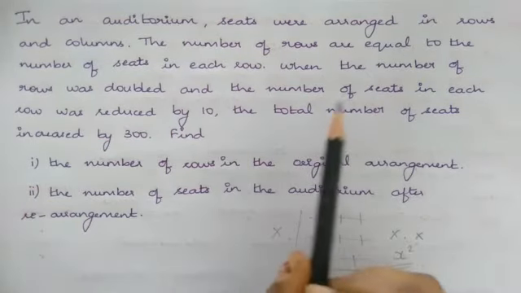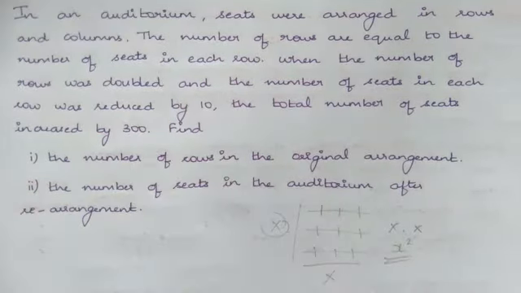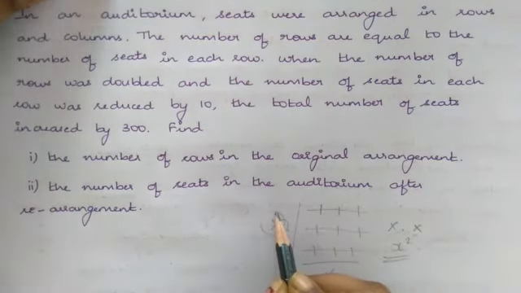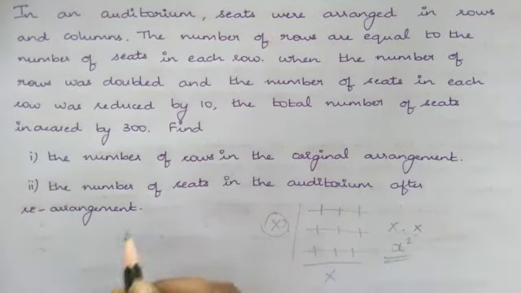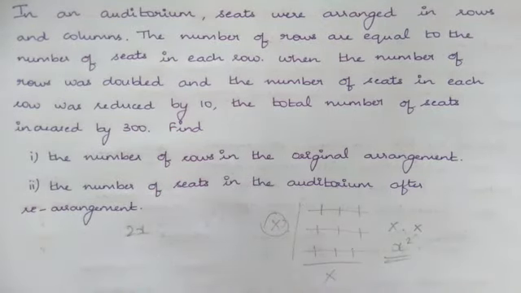Now what are they coming to say? When the number of rows was doubled and the number of seats in each row was reduced by 10, the total number of seats increased by 300. So this is what is given. We have x rows actually. We are told the number of rows is doubled, so now the number of rows becomes 2x.